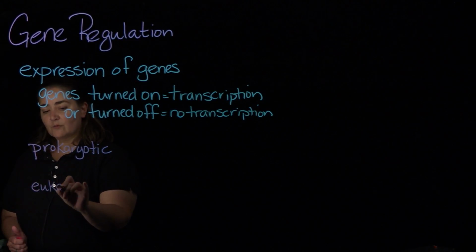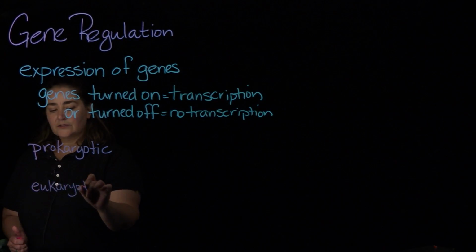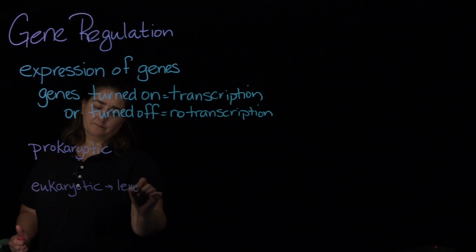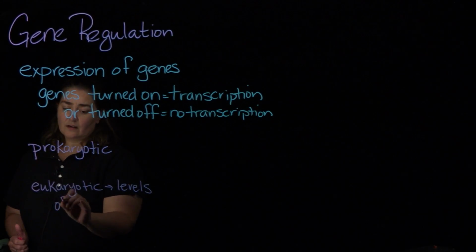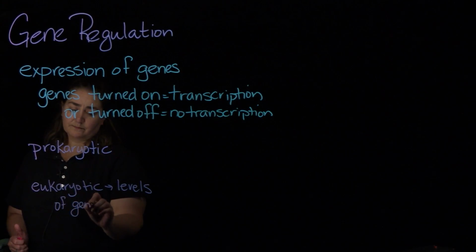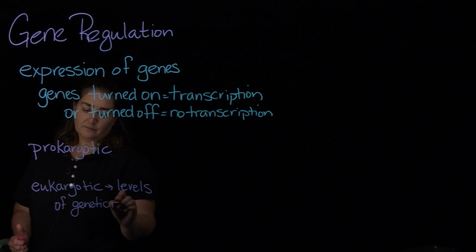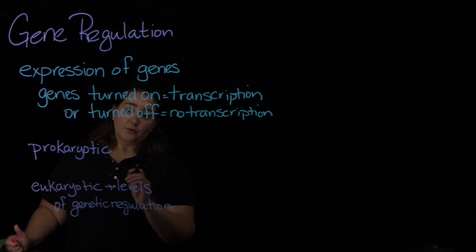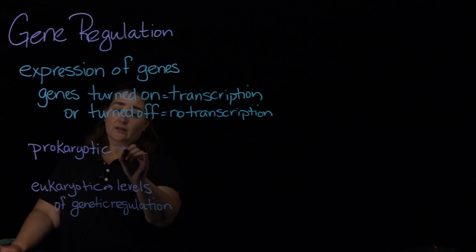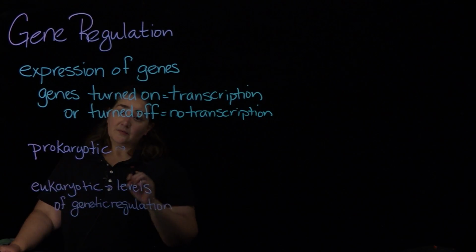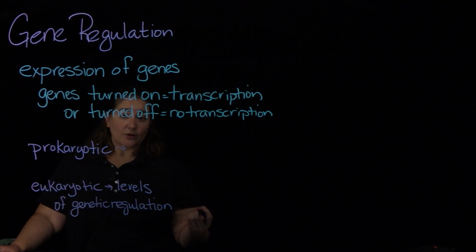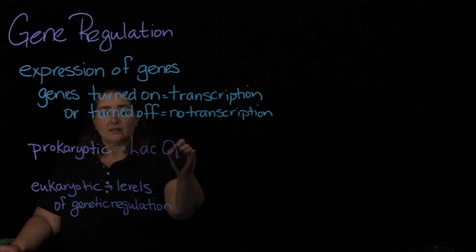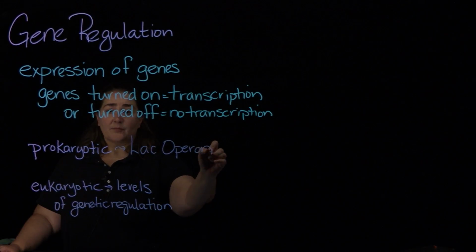Eukaryotic cells being more complex, we've got lots of different levels of genetic regulation. And the example that I'm going to give you for the prokaryotic cells is something that you'll encounter again when you take microbiology. And that's going to be the lac operon.